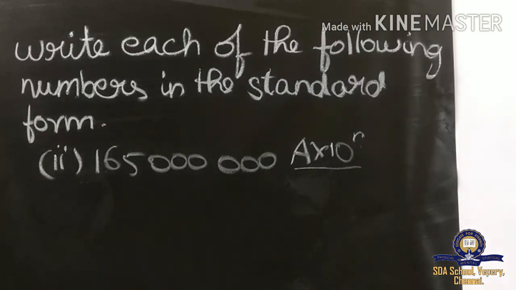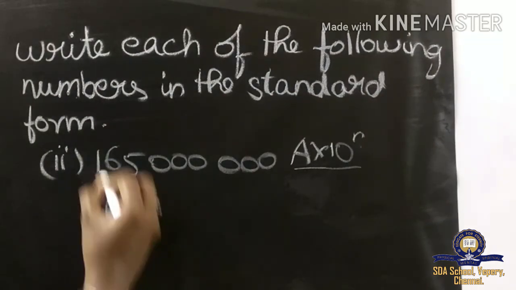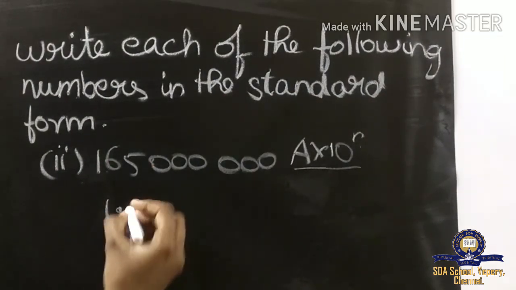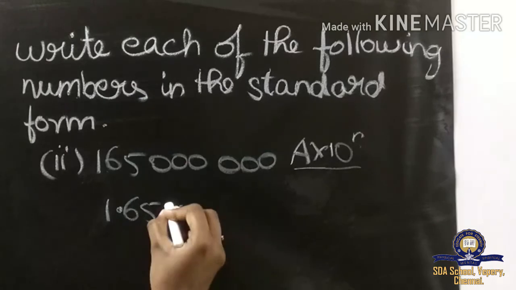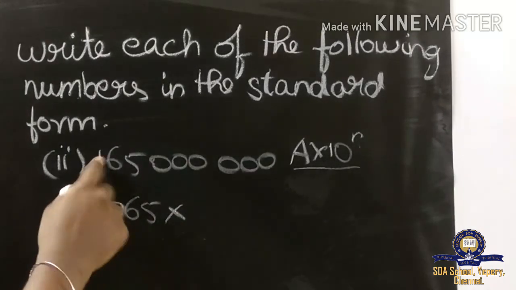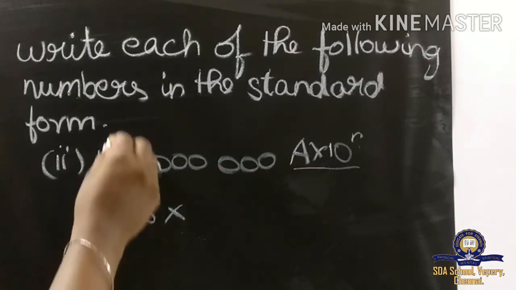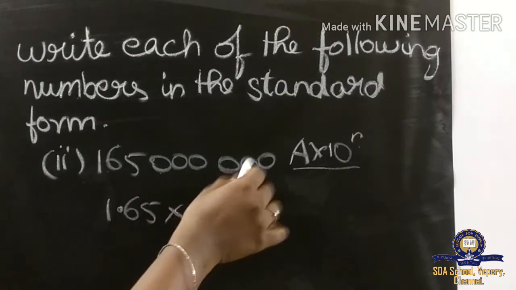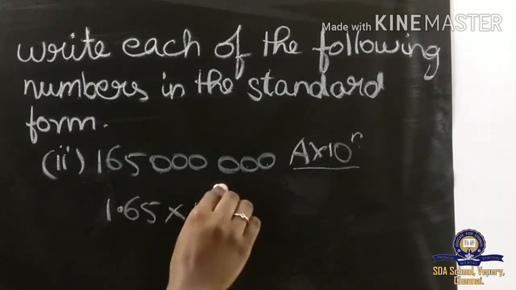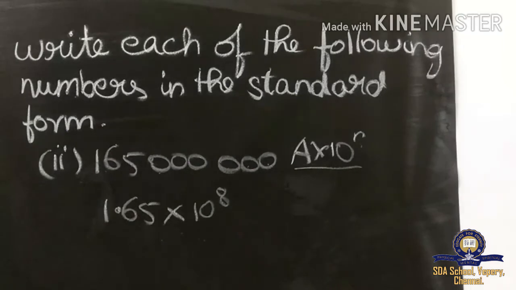After one digit, we are going to put a decimal point, 6.5 into, after the decimal point, how many digits are there? 1, 2, 3, 4, 5, 6, 7, 8. 10 power 8. We just wrote these numbers in the standard form. Okay.